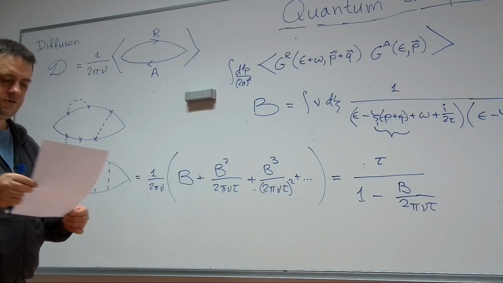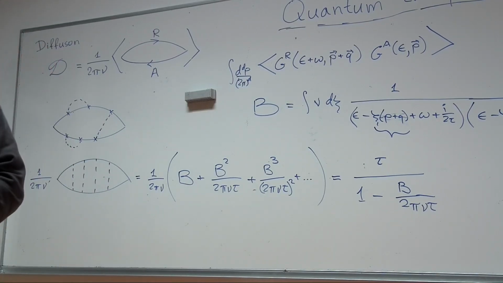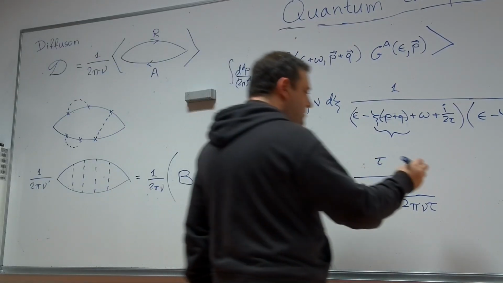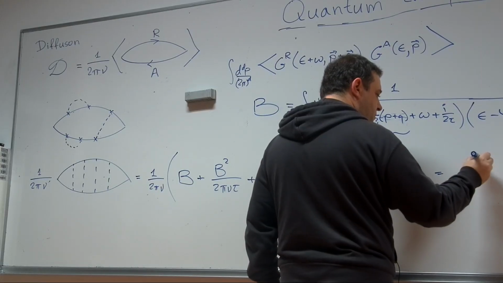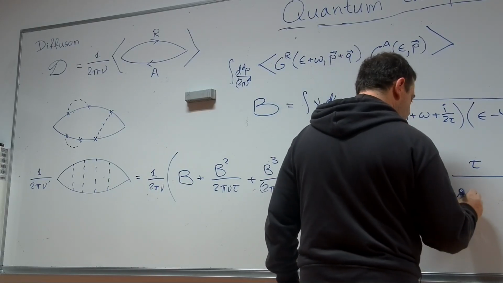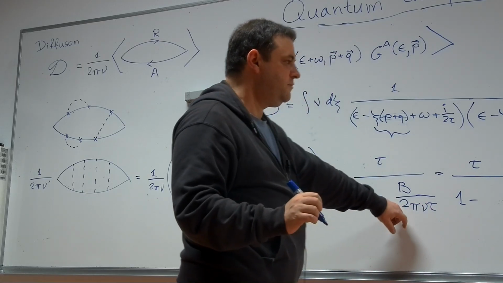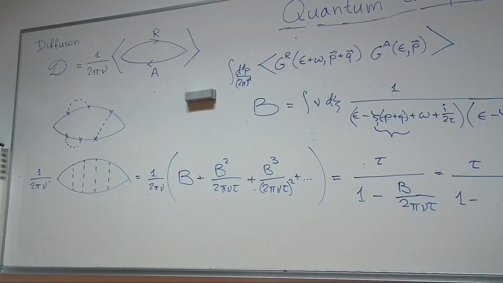Looks correct to me. Equals tau divided by 1 minus b divided by 2 pi nu tau.